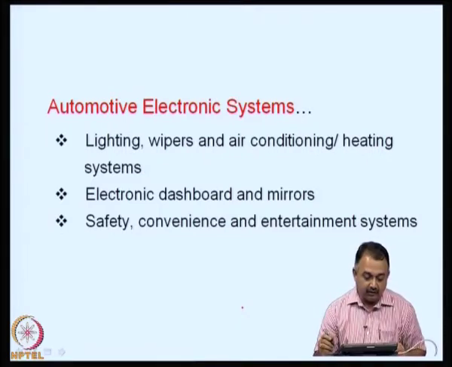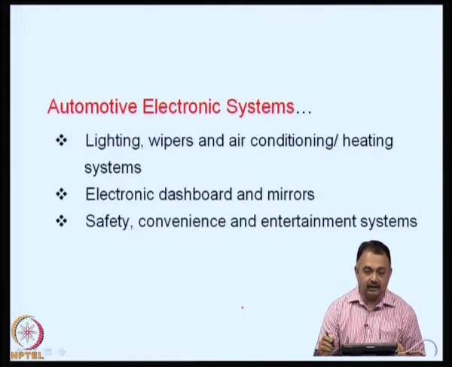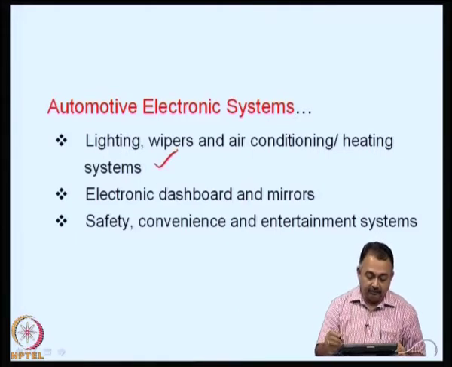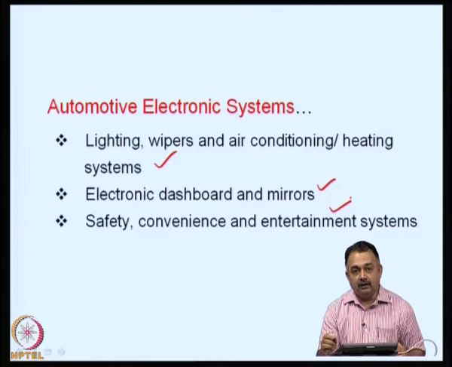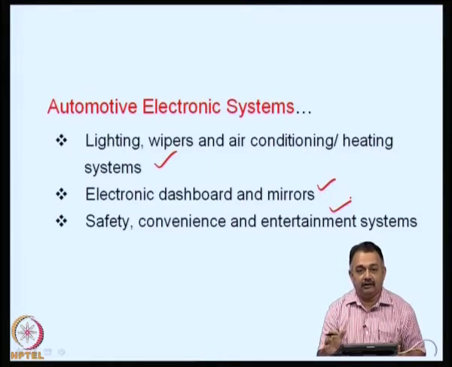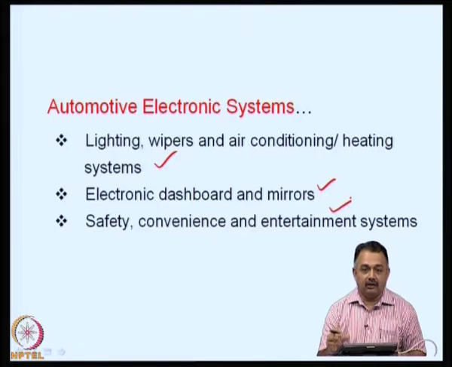Other subsystems in the automotive electronic systems will be lighting, wipers, air conditioning and heating systems, electronic dashboard and mirrors, safety, convenience and entertainment systems. So, how do you manage all of these systems, keeping the electronic system small, at the same time gelling well with the mechanical parts of the automobile?